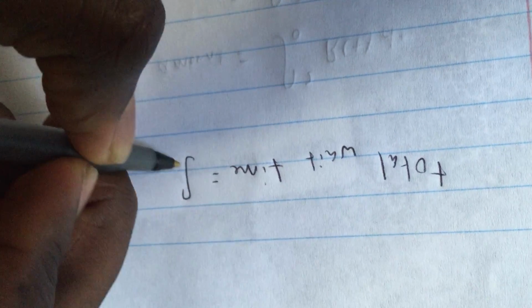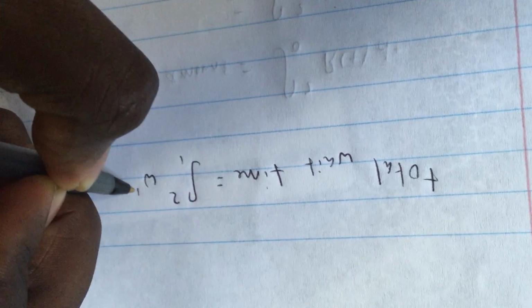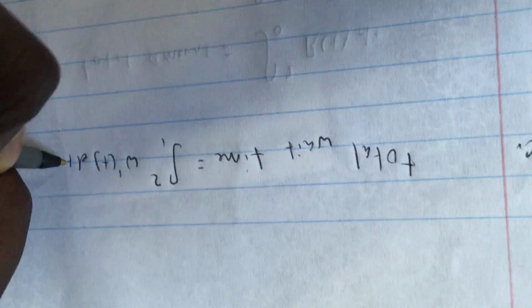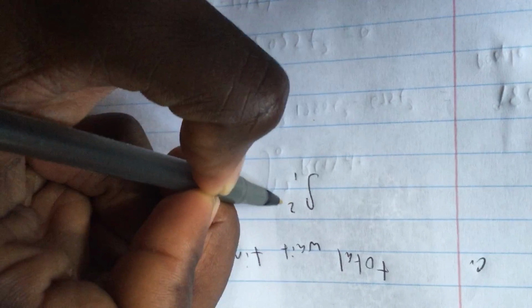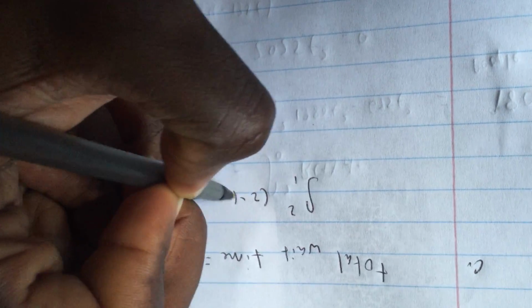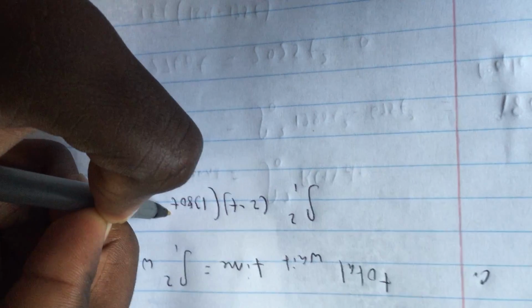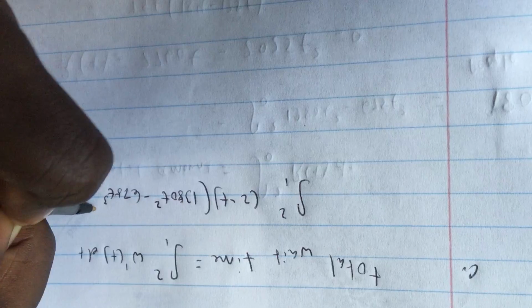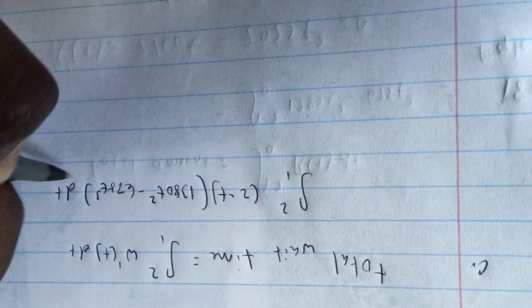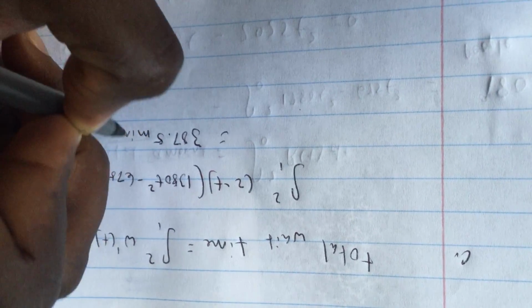So take the integral from 1 to 2 of the derivative of W of t. This is going to equal the integral from 1 to 2 of 2 minus t times r of t, so 1380t squared minus 675t to the third dt, which then equals 387.5 minutes.